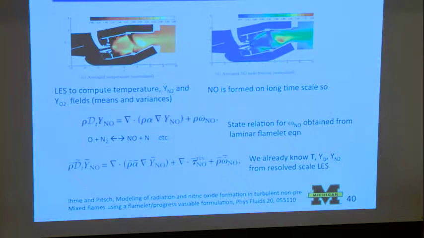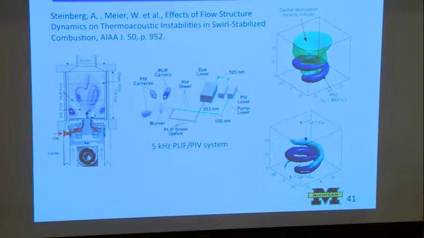So after you're done with your big computation of whatever you're looking at here, you can do NO computations in post-processing if you ignore the prompt NOx that's in the reaction zone, in the thin reaction zones. But you have to know the temperature very accurately to do this.